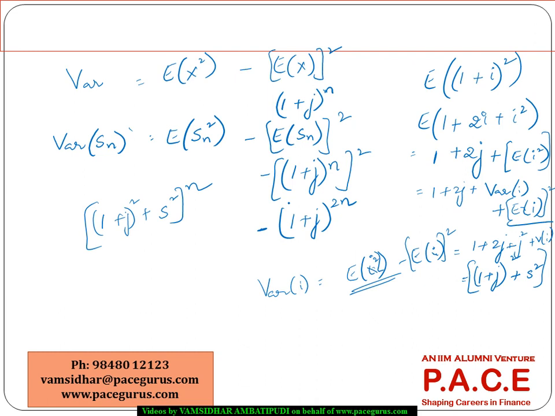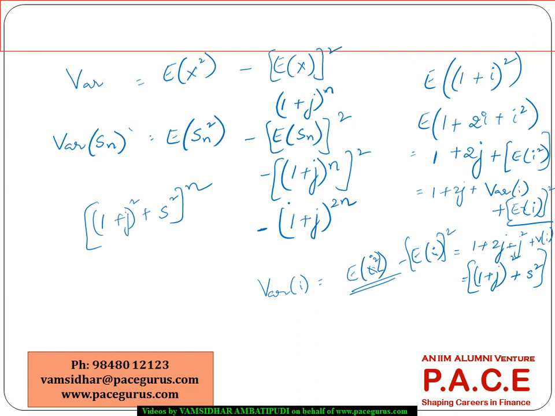So one kind of situation which we would see here is, given the interest rates are volatile, given the interest rates are variable year over year, I will end up finding out the expected value of the interest rates.